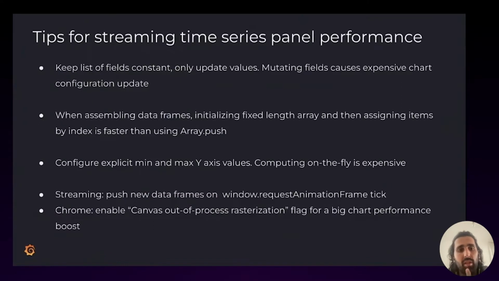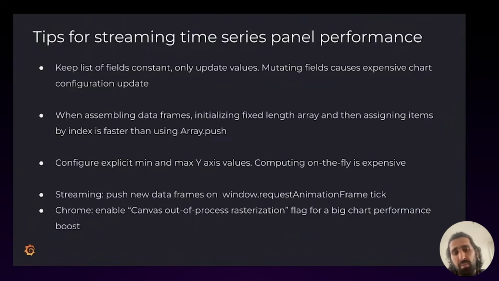So what did we learn out of this? We learned that we should always keep the fields for the time series constant and only update the values. Mutating the fields causes expensive chart configuration updates. When assembling buffers, always use fixed length arrays instead of constructing with array push.